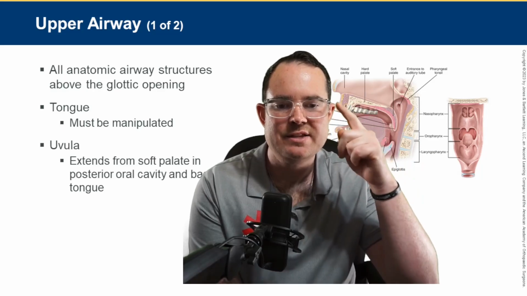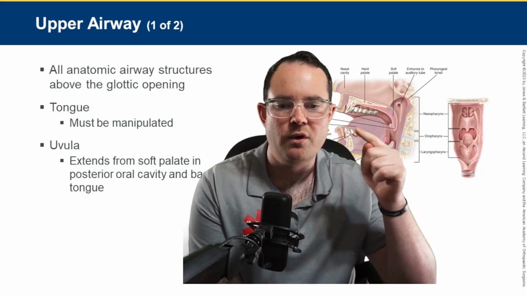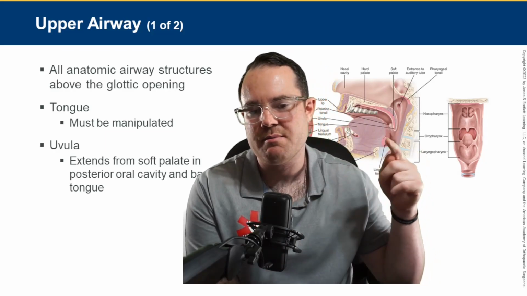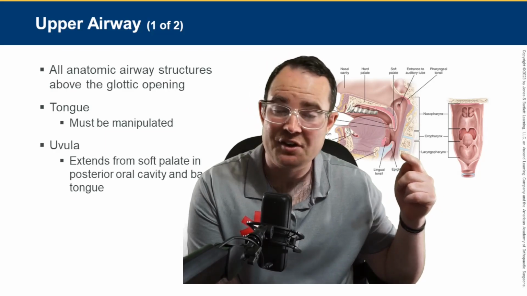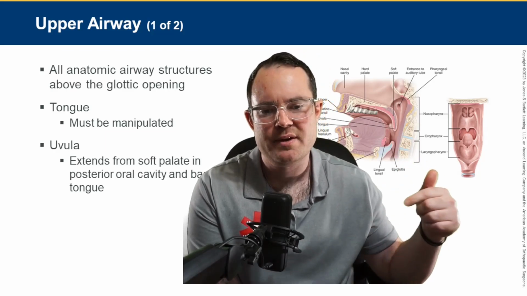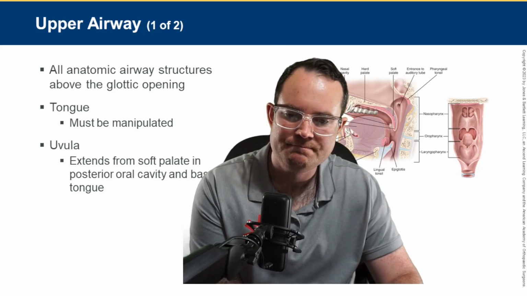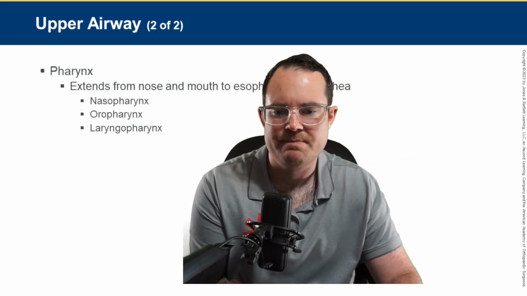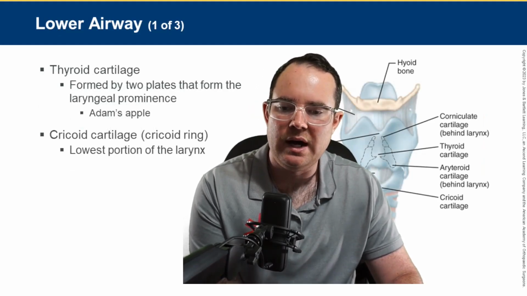We have that nasopharynx that's connected to the nose, back of the mouth. Oral pharynx, right here where the mouth is open. And then just below that, right above the larynx itself and the glottic opening, is that laryngopharynx. A lot of terminology. You get used to that with anatomy and physiology.